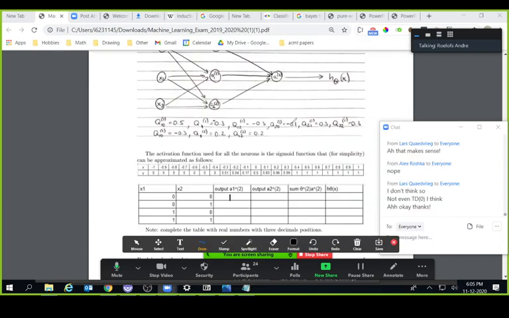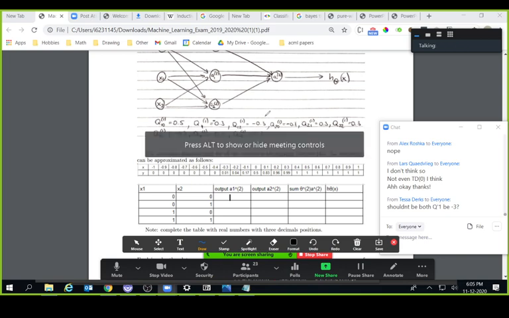So because the inputs x1 and x2 did not change, they're both zeros, we only need to, in the first case, consider the bias unit. So the unactivated A2 output would simply be minus 0.1 because it is the weight of the bias unit, and the bias unit is the only one. Shouldn't both times 1 be minus 3?